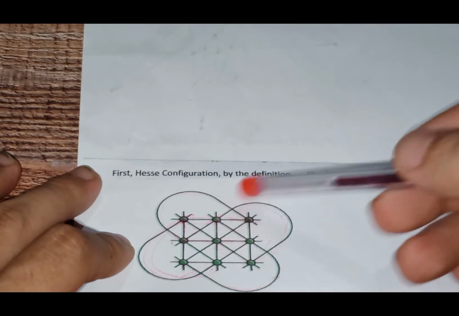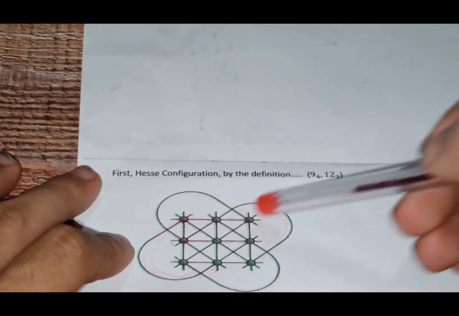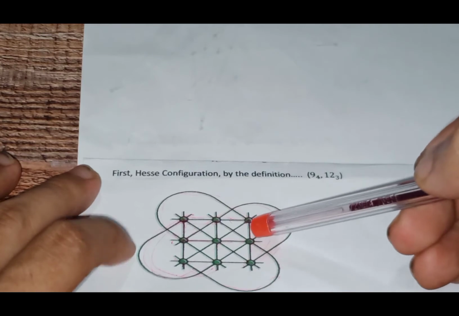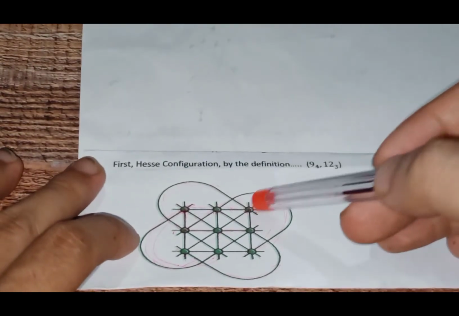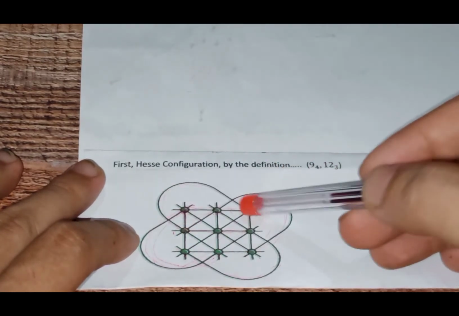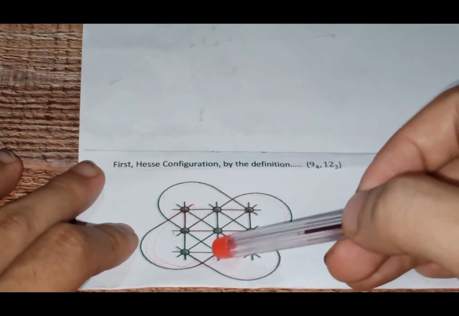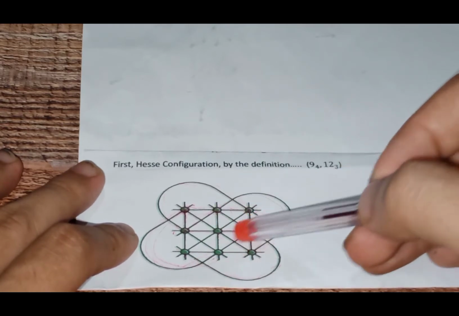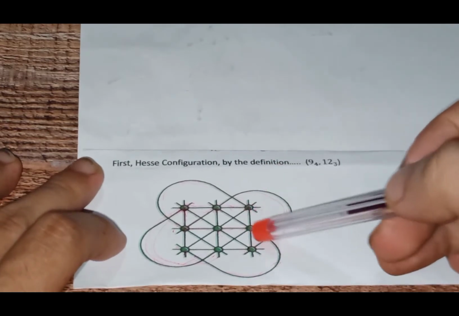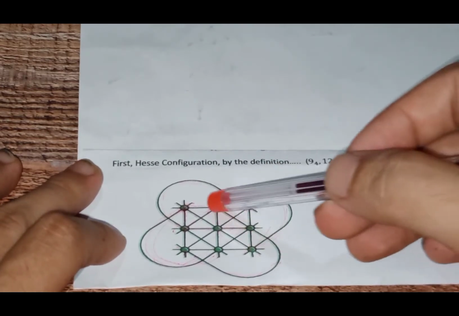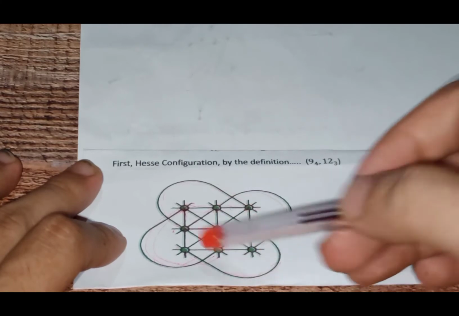Ninth line is this. 1, 2, 3. Tenth line is this. 1, 2, 3. Eleventh line is this. 1, 2, 3.